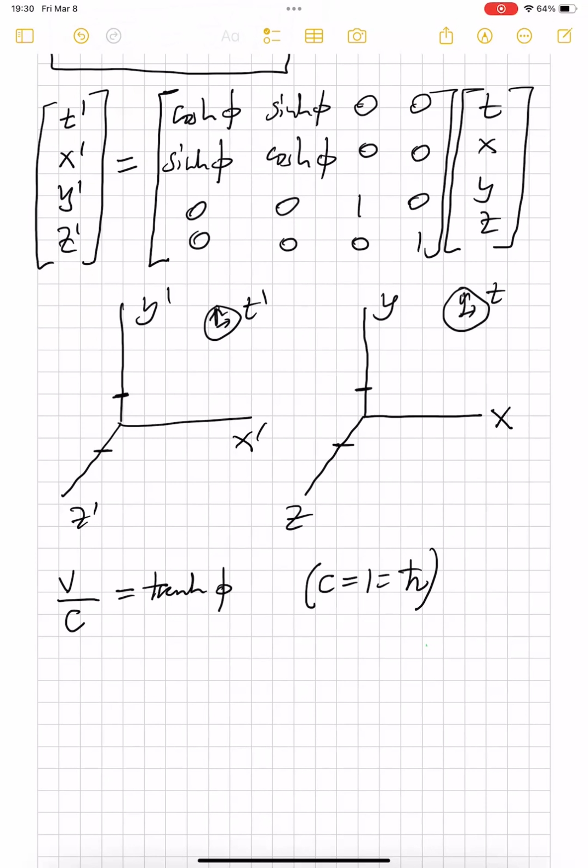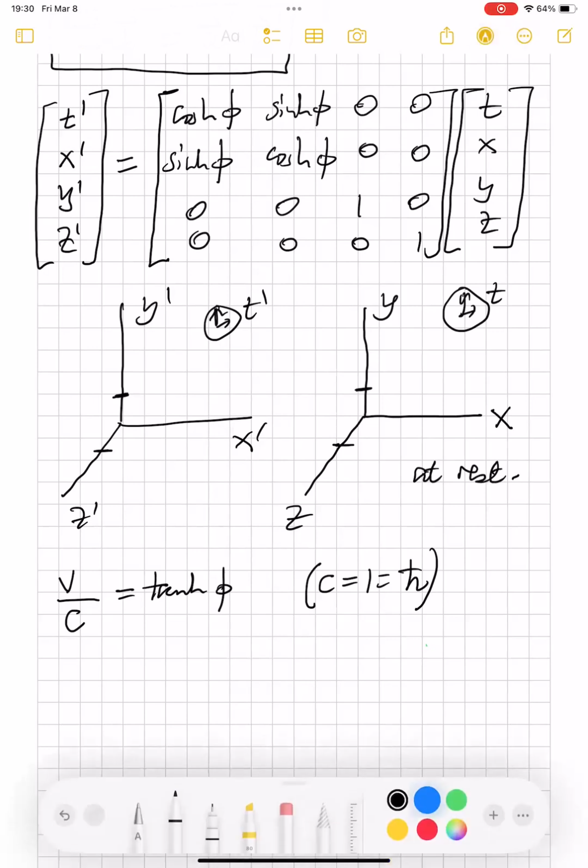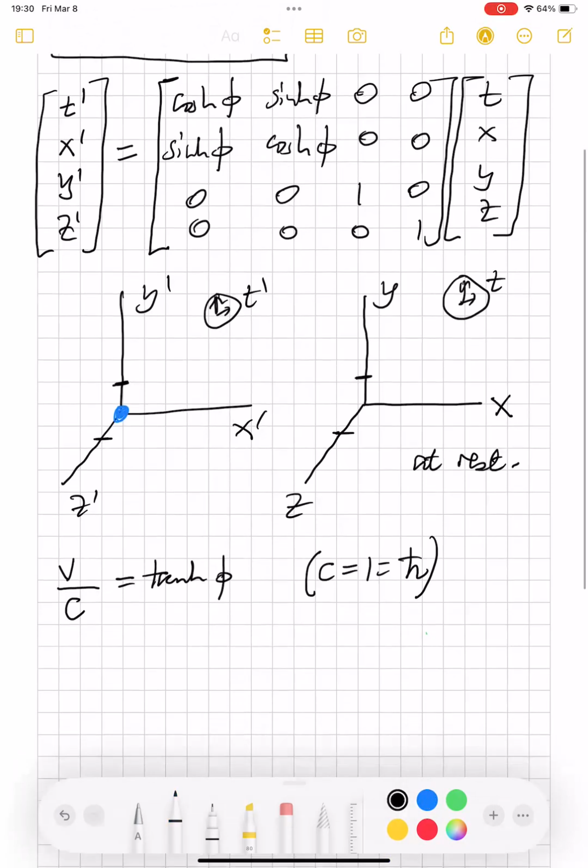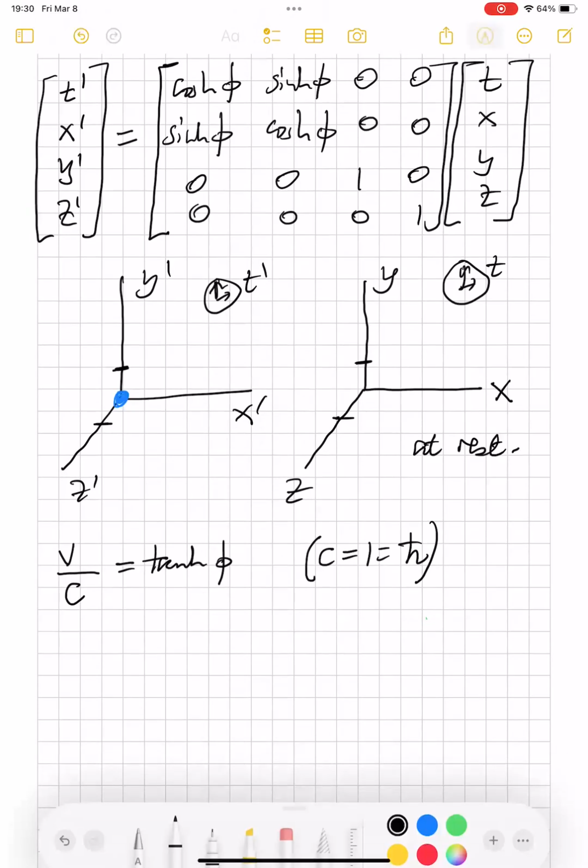So let's imagine that the XYZT frame is at rest. And now we want to measure what is the velocity of this primed frame. Well, what we can do is look at the origin, which I've colored as a blue dot, and ask with what speed the origin is moving.